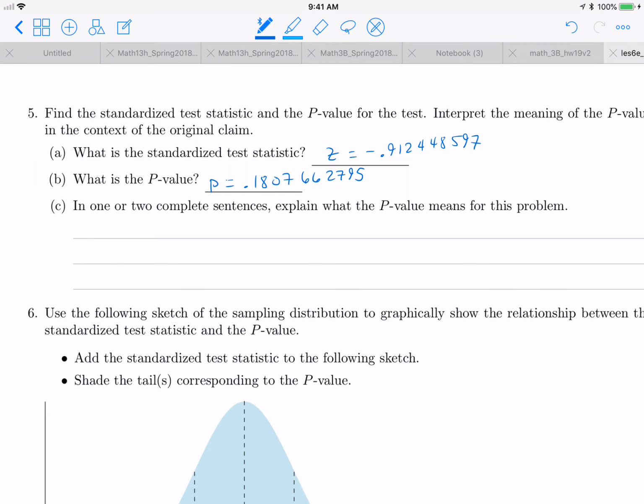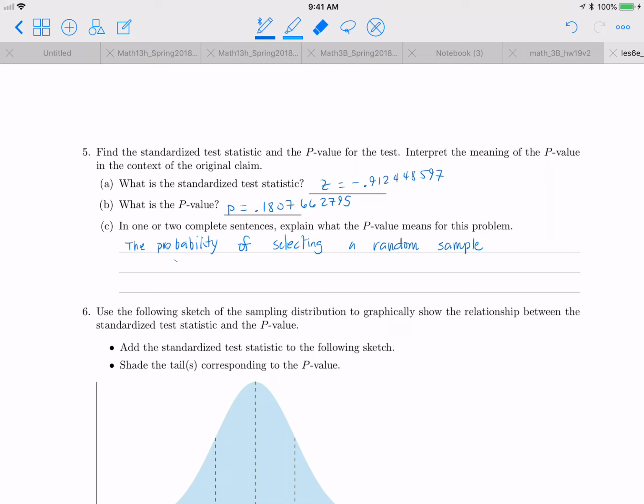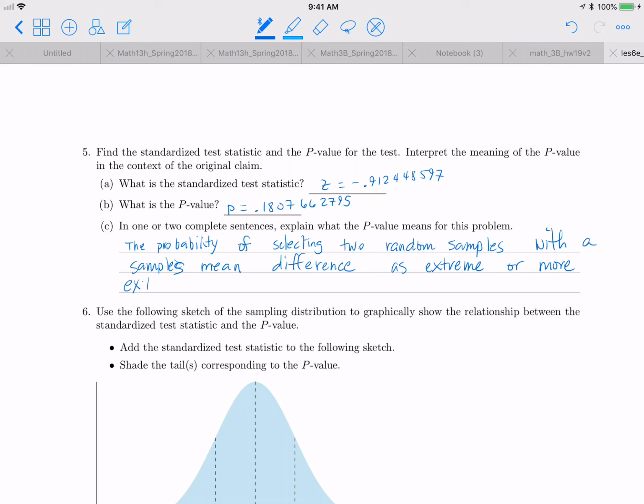So here's what it means. It means that the probability of selecting two random samples with a difference in sample means as extreme or more extreme than, what was our sample mean difference?